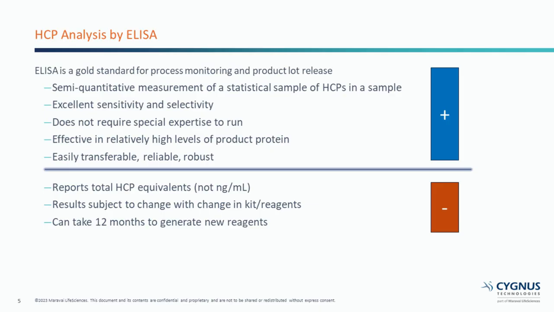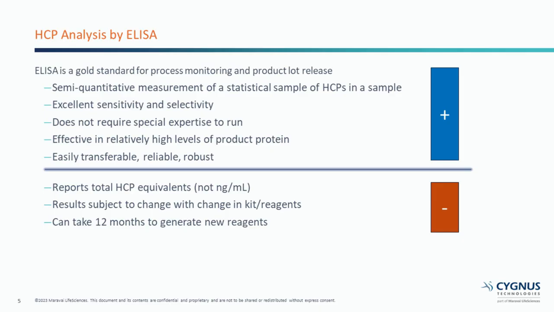In reality, it measures immunological equivalent relative to the HCP standards. Therefore, results are subject to change, sometimes significantly, with a change of reagents supporting that ELISA. And while HCP ELISA does not require a high level of expertise to run, it does require a high level of expertise to develop a broadly reactive HCP antibody and then turn that into an accurate and robust immunoassay.